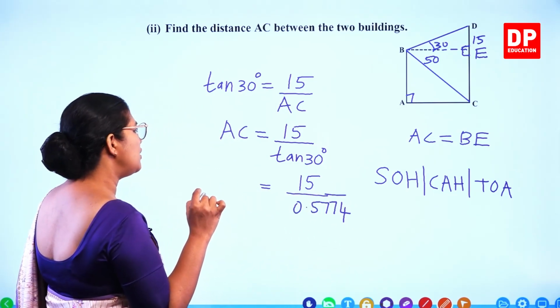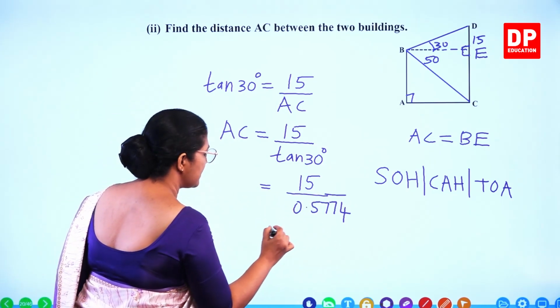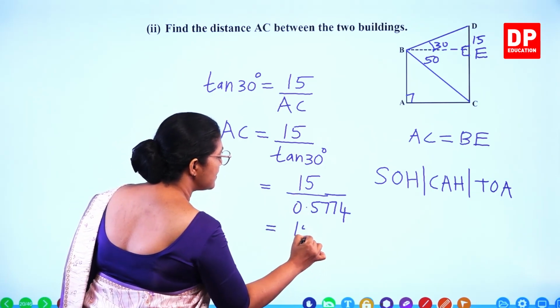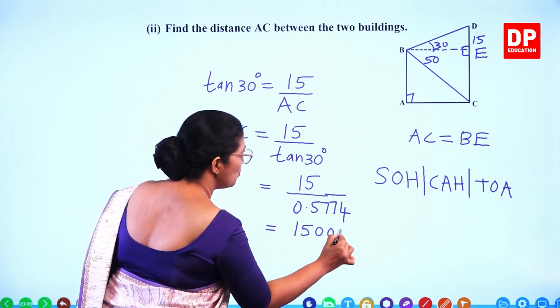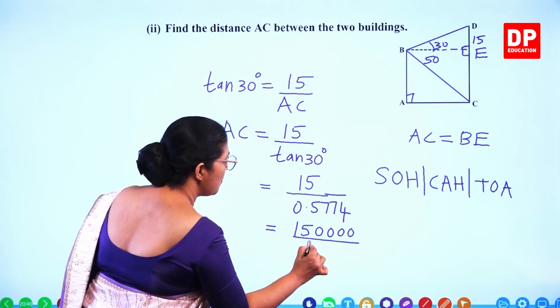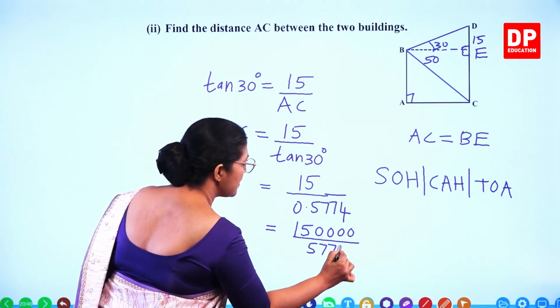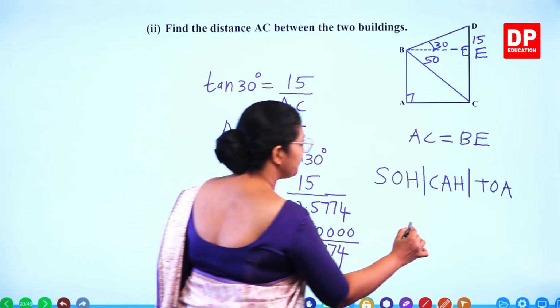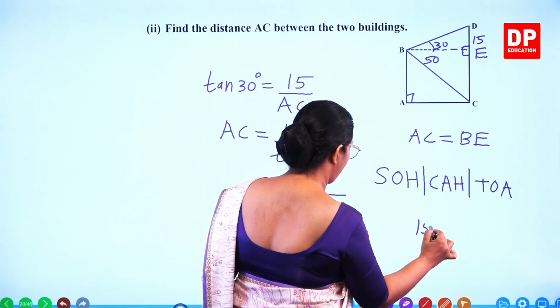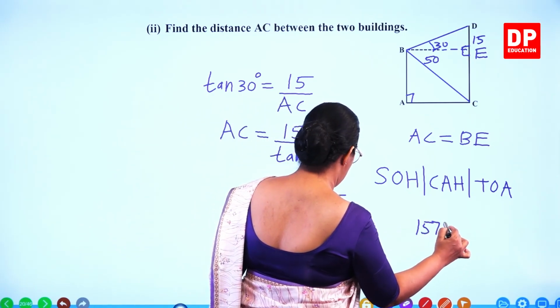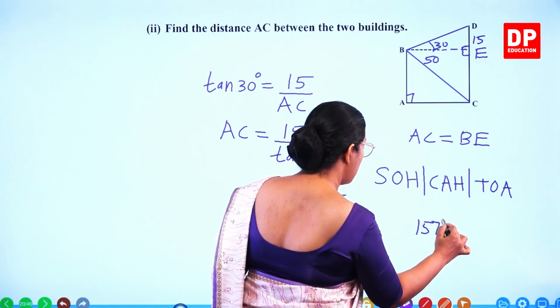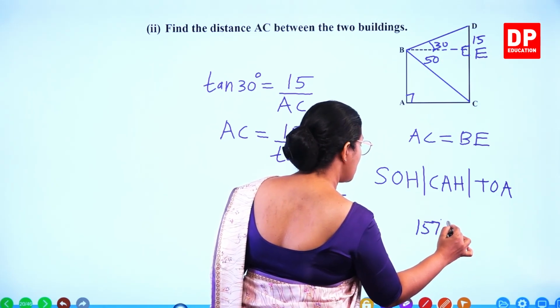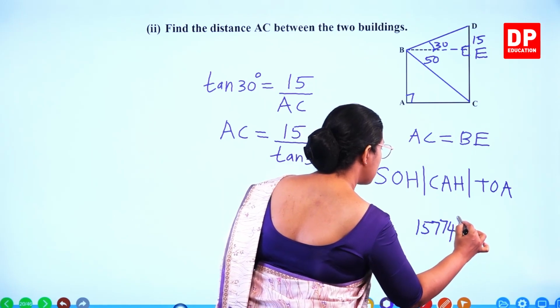Now, we'll do division and see. So, let's get rid of all these decimals. 1, 2, 3, 4 divided by 5774. If you can't do this long division, you can use log tables.